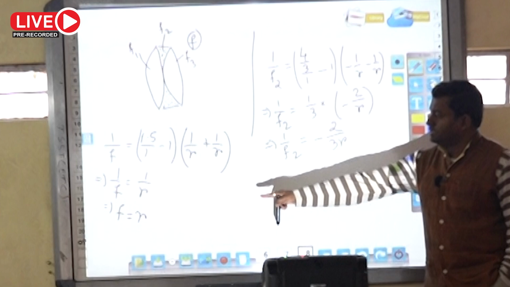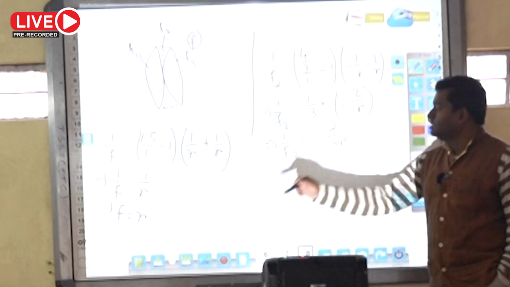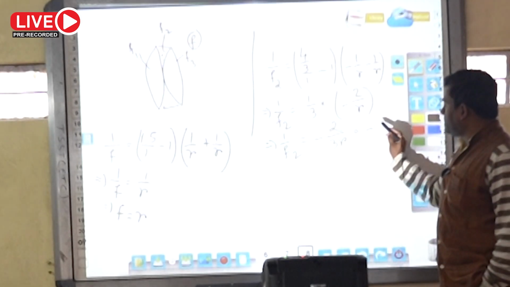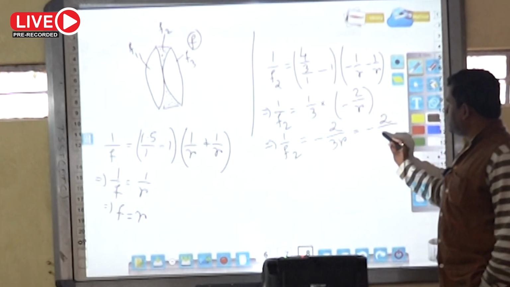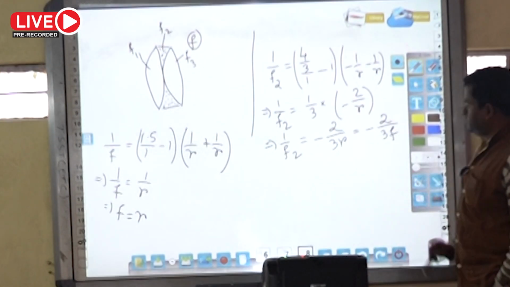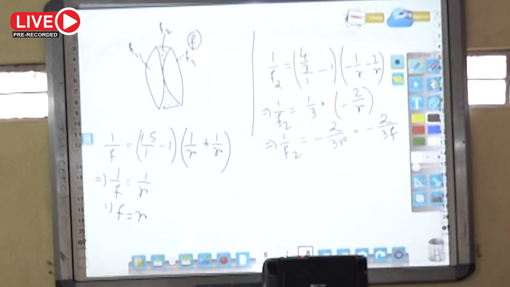But we already know that f = r, so I can put it here and it will become -2/3f. Minus 2/3f. So I calculated the focal length of each lens in terms of f.